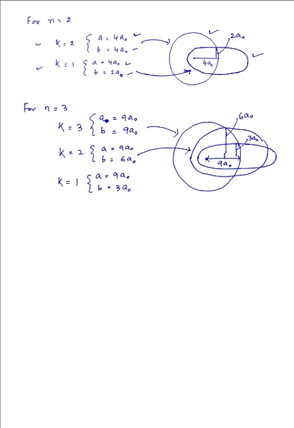And a further squeezed one, with a greater eccentricity, the third kind, where a is equal to 9a0 and b is equal to 3a0 for k is equal to 1, and this is for n is equal to 3.